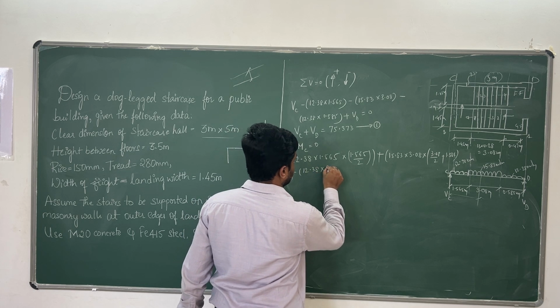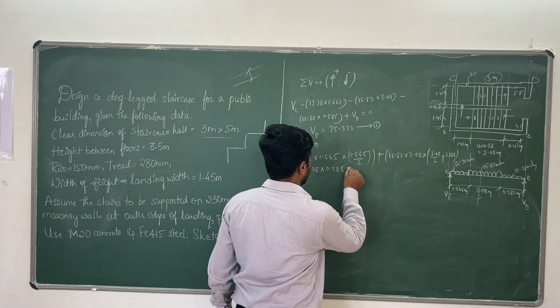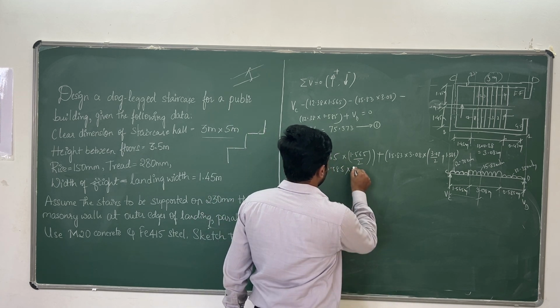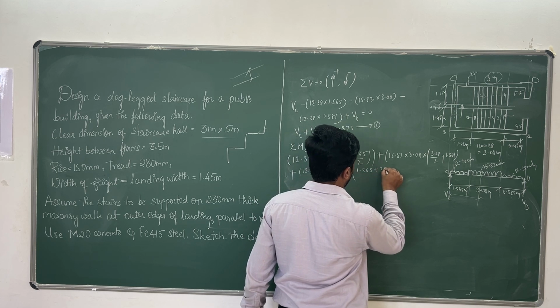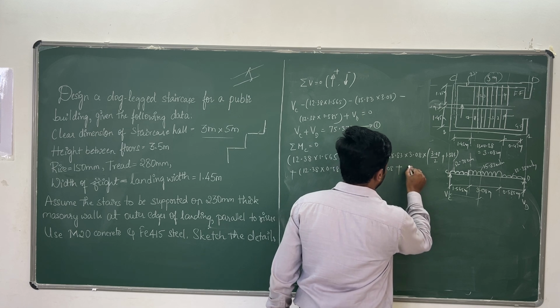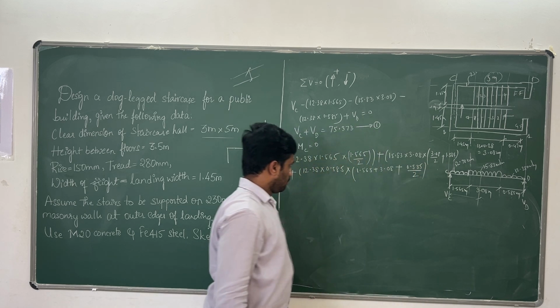Next plus 12.38 multiplied by distance 0.585, the point load I converted, multiplied by the distance 1.565 plus 3.08 plus 0.585 by 2.